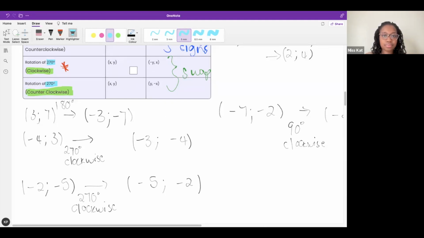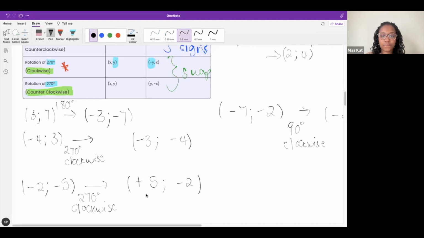Over here, it's the Y. The Y. So who was the Y originally? The Y was originally -5. Beautiful. But it already has a negative, so we have to put another negative in front. So it's going to become? Negative, positive. There we go.